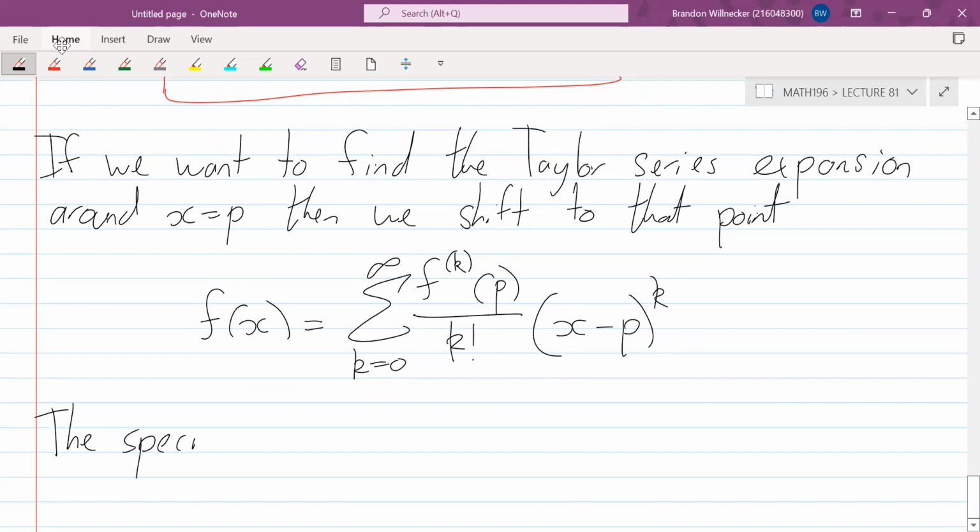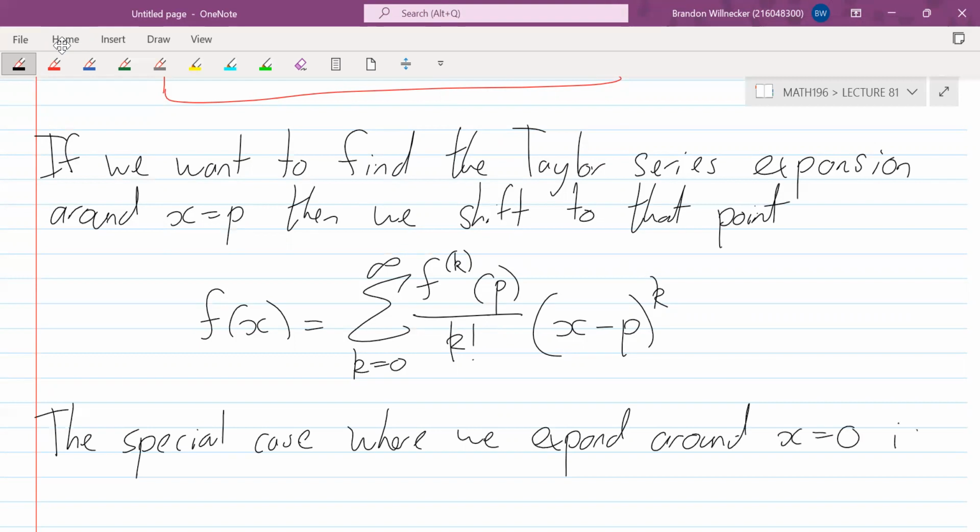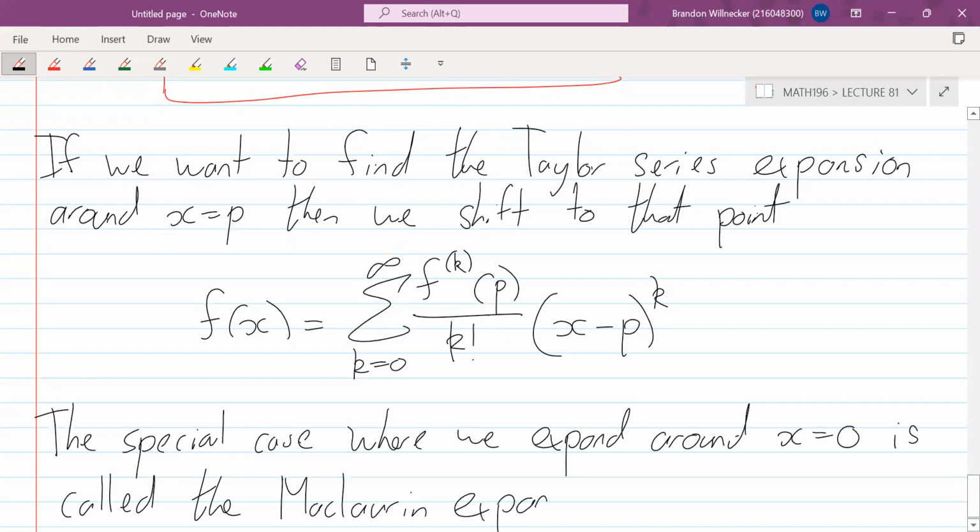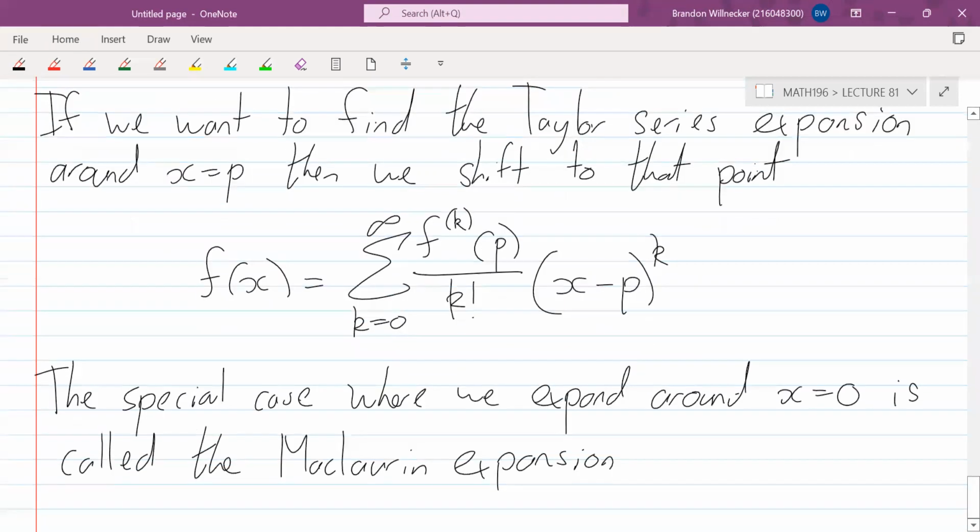So the special case where we expand around x equals 0 is called the Maclaurin expansion. Okay, but in general, we call it a Taylor series expansion. Okay, let's have a look at some examples.